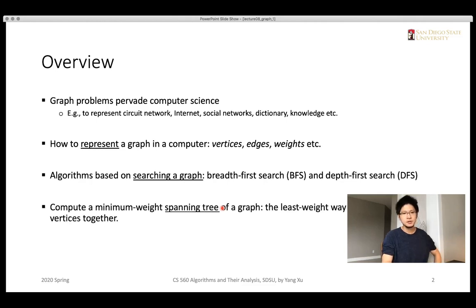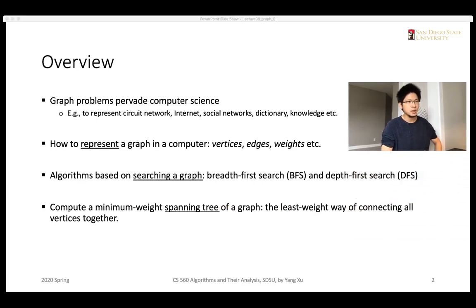And also, in our next video lecture, we'll talk about more advanced problems like how to obtain the spanning tree that has the minimum weights within the graph.